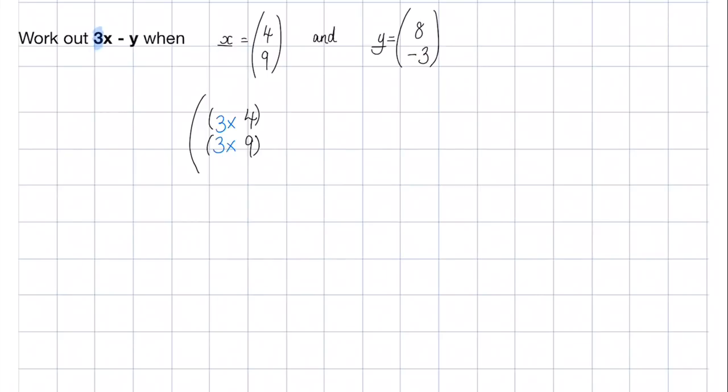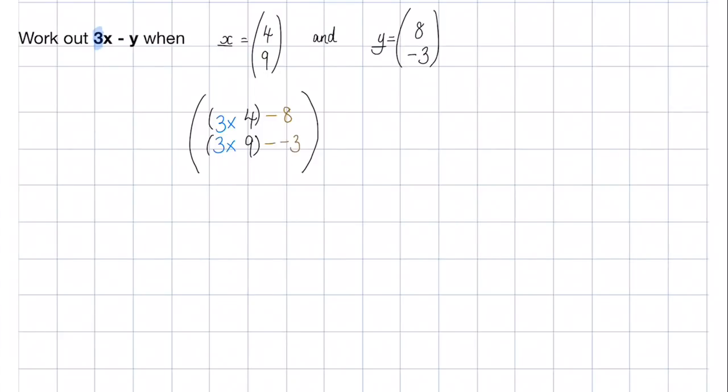And I need to take away y. So for my y, I'll just switch to a different colour. I'll use this kind of goldy brown colour. I need to take away y, which on the top take away 8, on the bottom take away -3, and then I just close that bracket there and I do the maths from left to right.